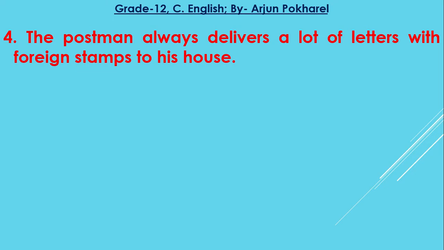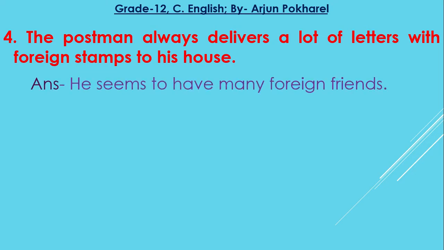From this, what can we guess, what general impression do you have? He seems to have many foreign friends. That's why the postman always delivers a lot of letters with foreign stamps to his house. In this way you can do.